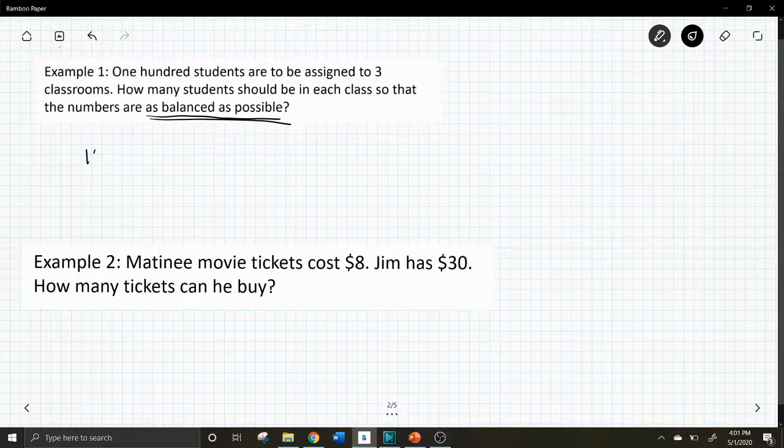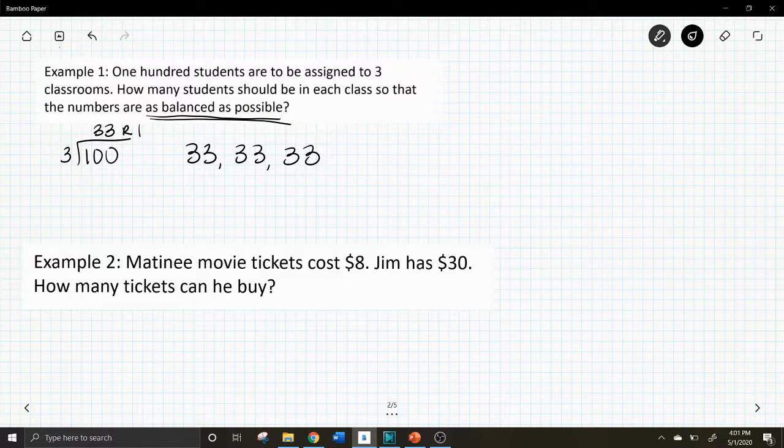If we take 100 and divide it by 3, you're going to get 33 students with a remainder of 1. So assigning 33 per class, 33, 33, and 33, only gets us to 99 students. So what we have to do is throw that remainder into one of the classes.